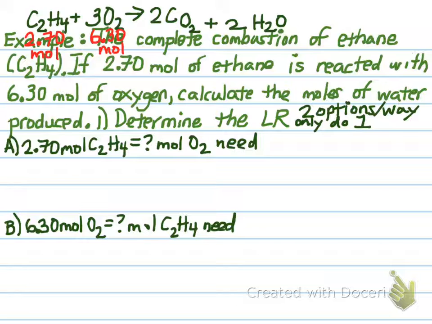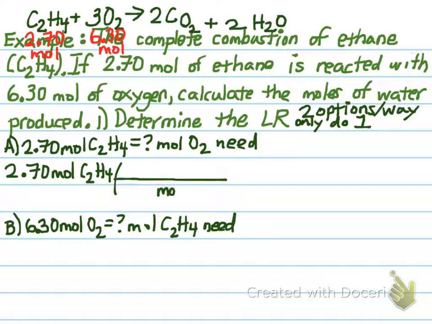So hopefully these are pretty easy problems, right? Our only way to change from substance to substance is a mole ratio. So I start with my given 2.70 moles of my ethane. Moles of ethane need to go on the bottom. I'm converting it to moles of oxygen, my other reactant.